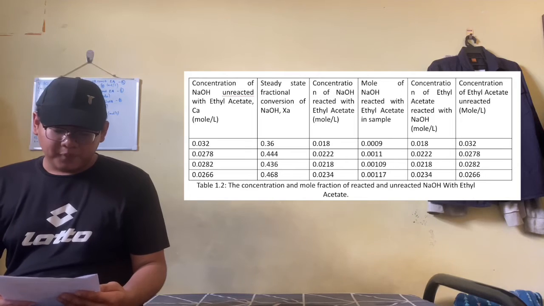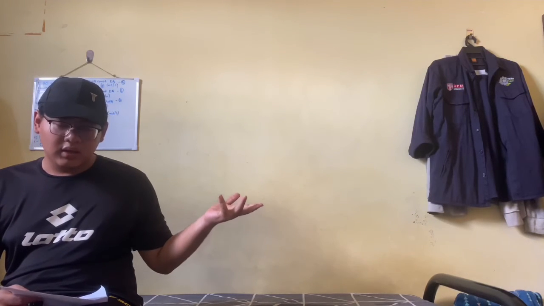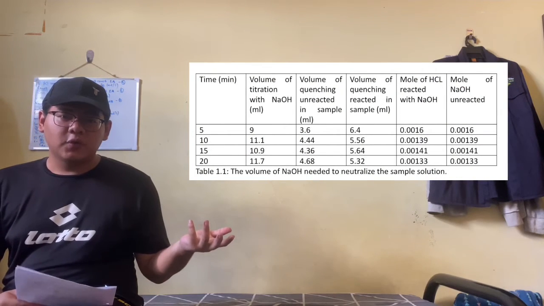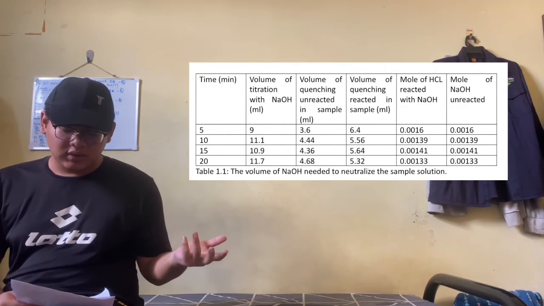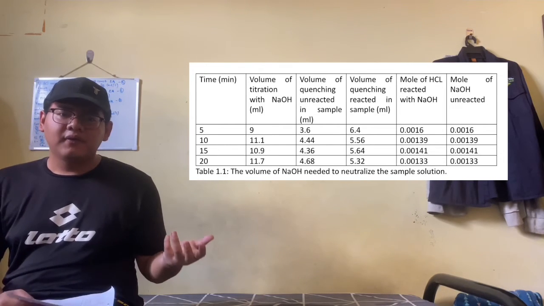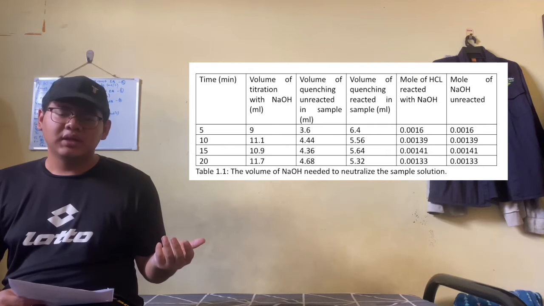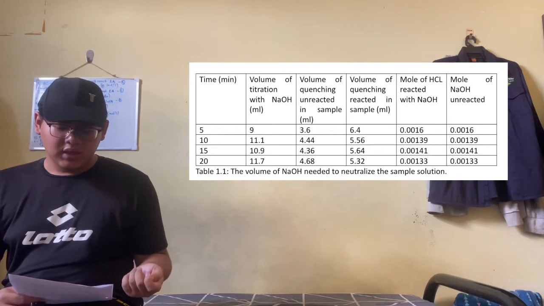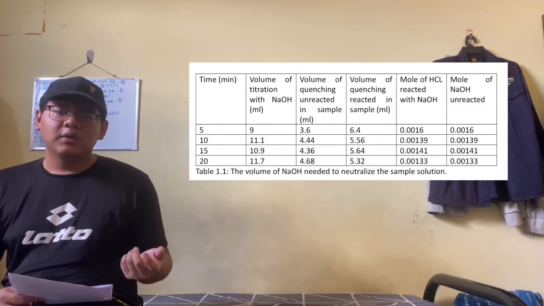As you can see from the first table, the volume of quenching unreacted in the sample for 5, 10, 15 and 20 minutes is 3.6 ml, 4.44 ml, 4.36 ml and 4.68 ml respectively.